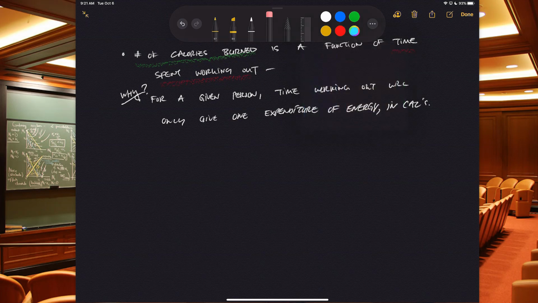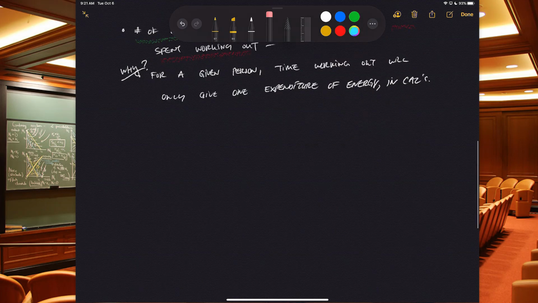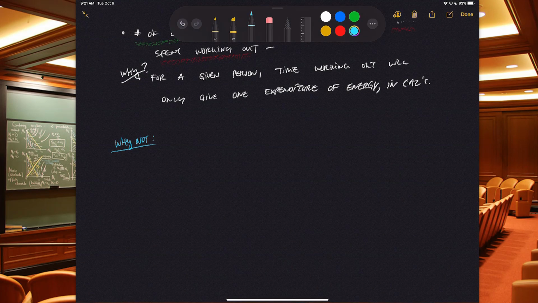So let's consider, why not the other way around? Why is it not that time working out is a function of the calories burned?